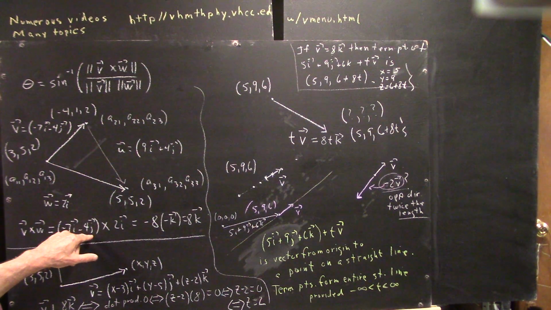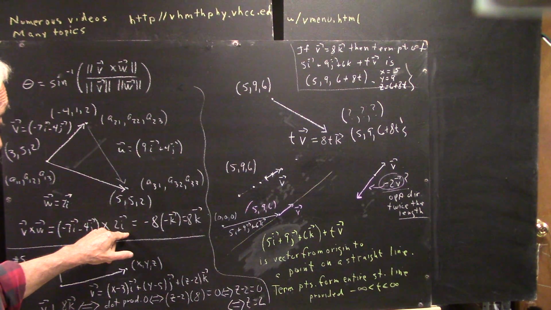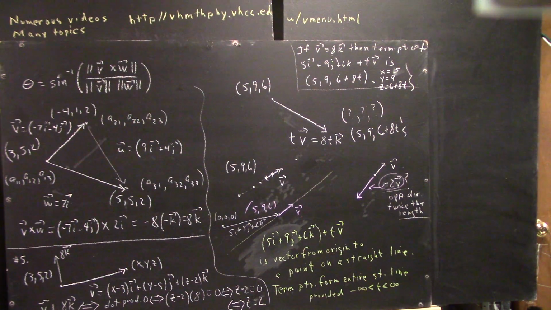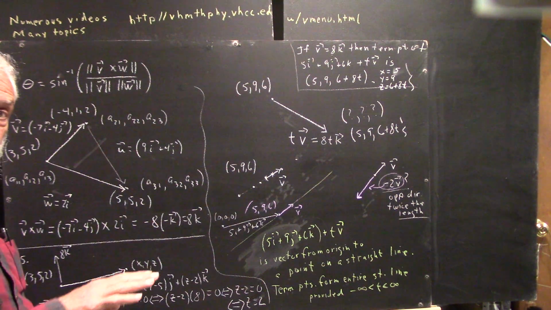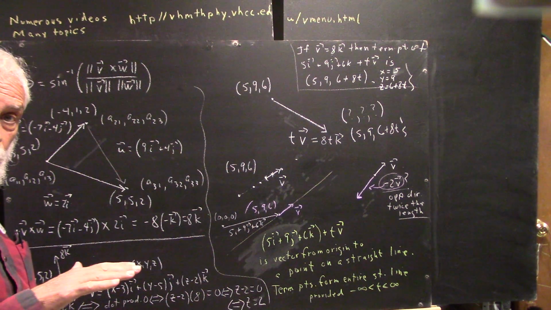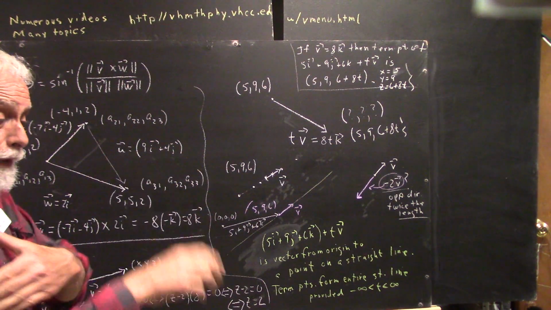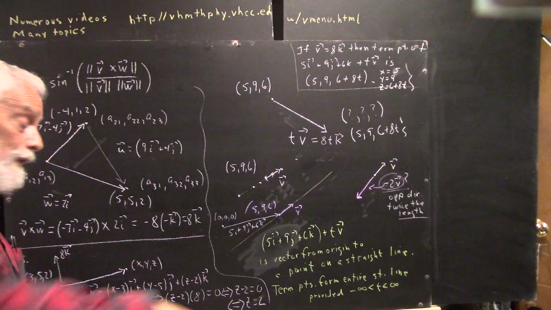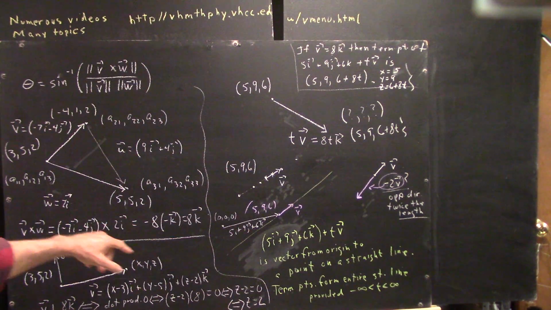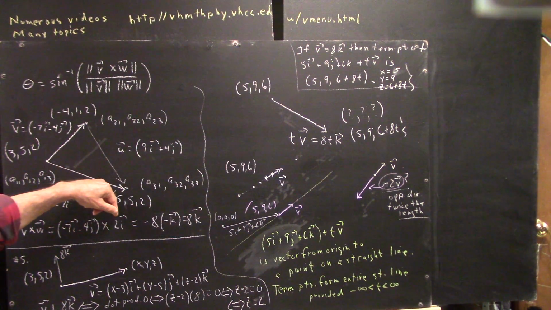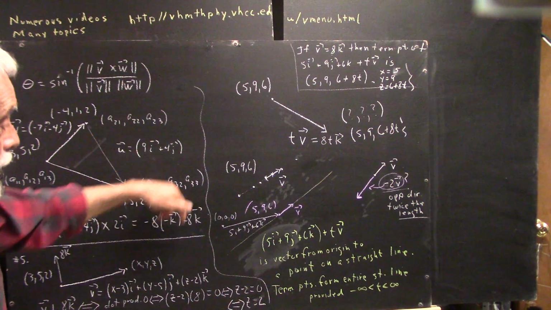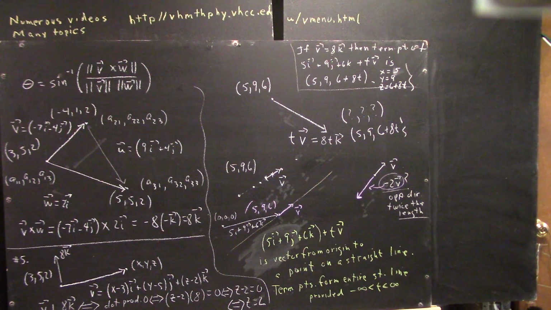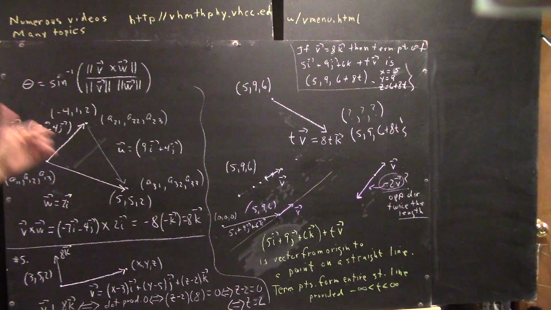That just leaves the -4J times 2I. -4 times 2 is -8, and J times I: if the y direction is there, x direction is here, z direction is here, J cross I is downward. It's negative k. So -4j cross 2i gives me -8 times negative k, which is just 8k. And that's a vector perpendicular to this.